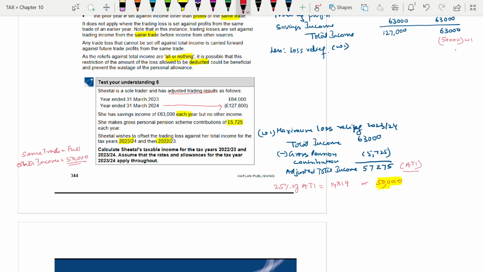Now, what we are doing is working a loss memorandum. How much is the total loss? Total loss is 127,800. How much are we deducting from 2023-24? 50,000, because other income is also there.